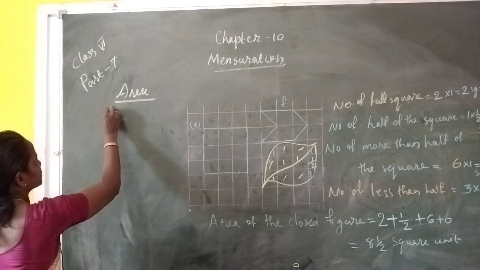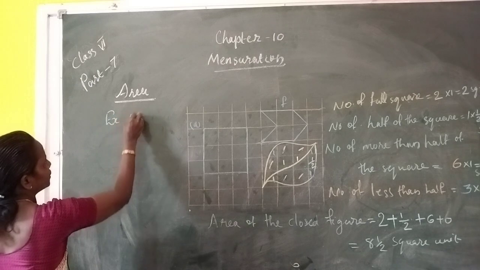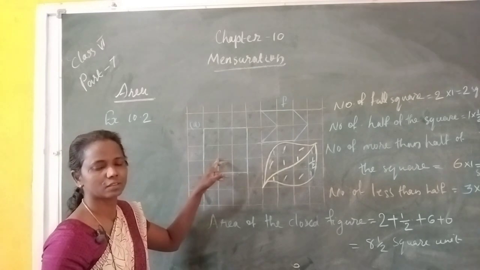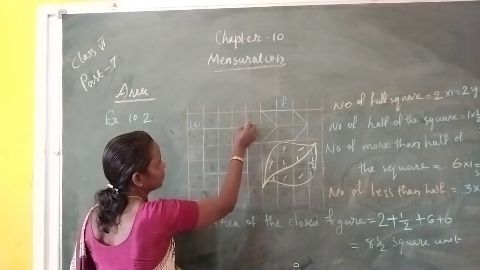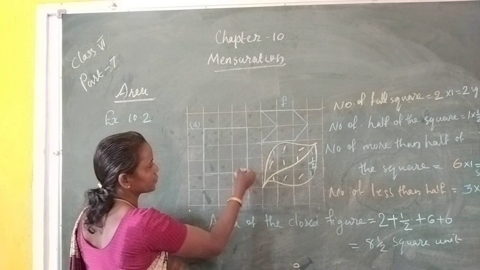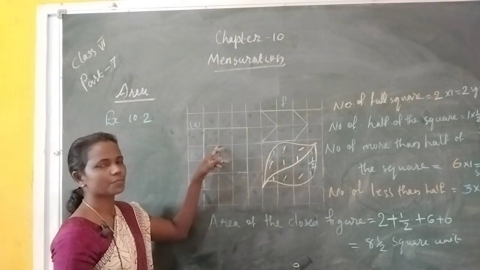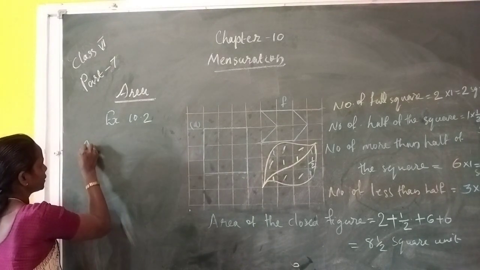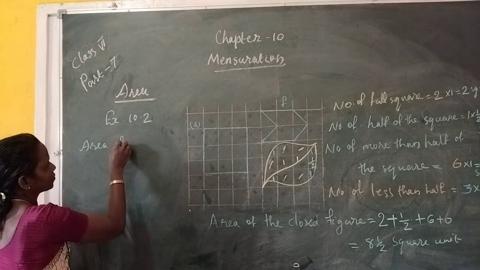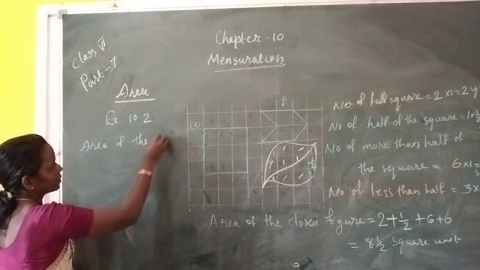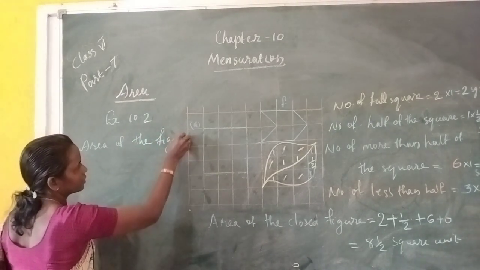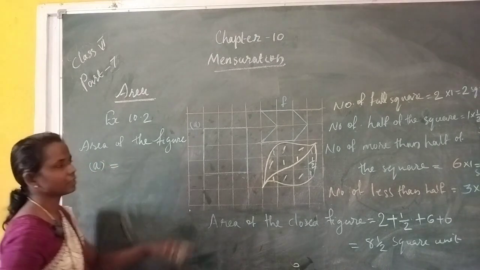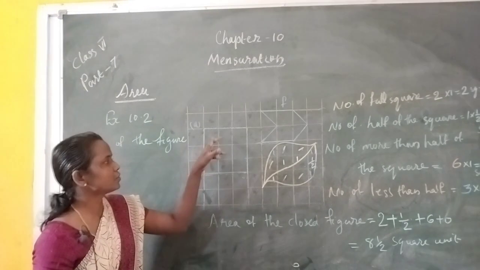10.2. Exercise 10.2. Here first question, look, this is a square shape. Look, what is the shape of this figure? Sorry, area of the figure A. Area of the figure A is equal to, look, how many full square here?